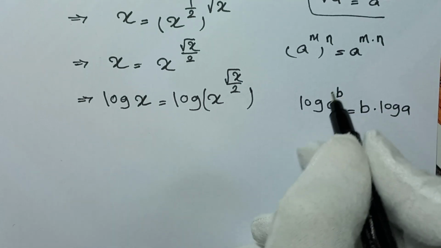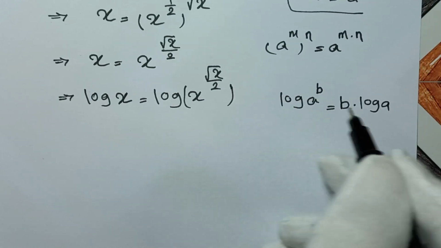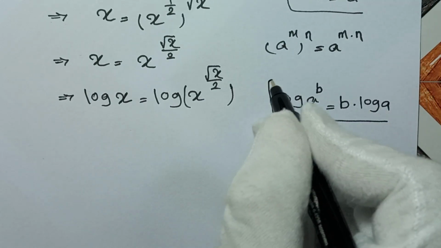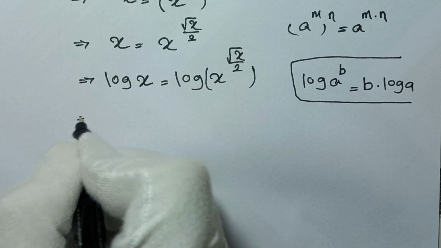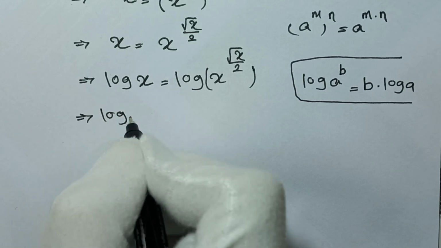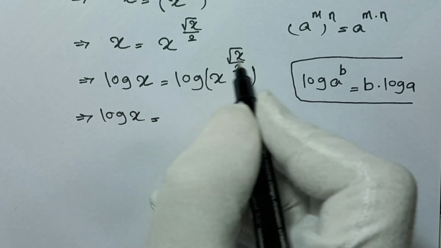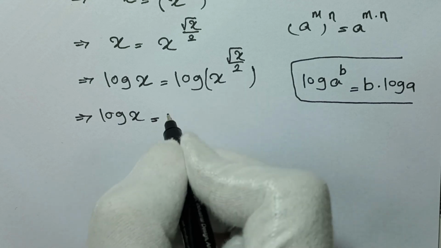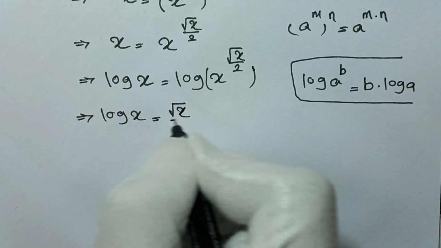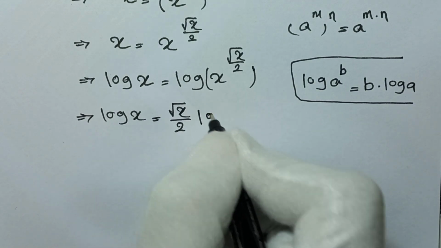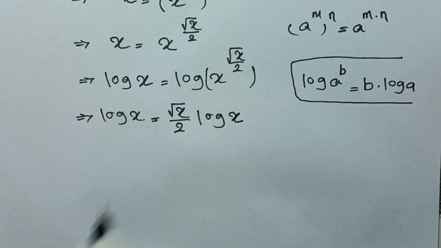Here we can take this power outside of log, so it will be log of x equals square root of x over 2 times log of x.